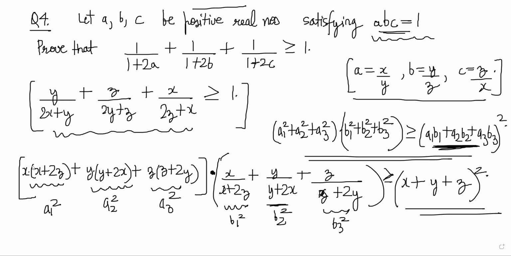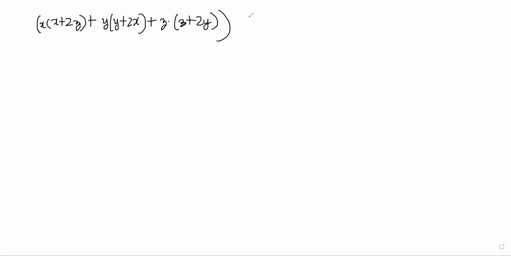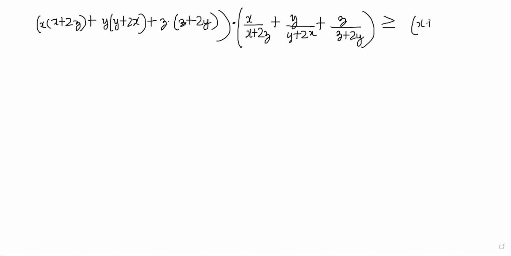I'll just write it on the next screen. I'm getting x(x + 2z) + y(y + 2x) + z(z + 2y) multiplied by x/(x + 2z) + y/(y + 2x) + z/(z + 2y) is greater than or equal to (x + y + z)².